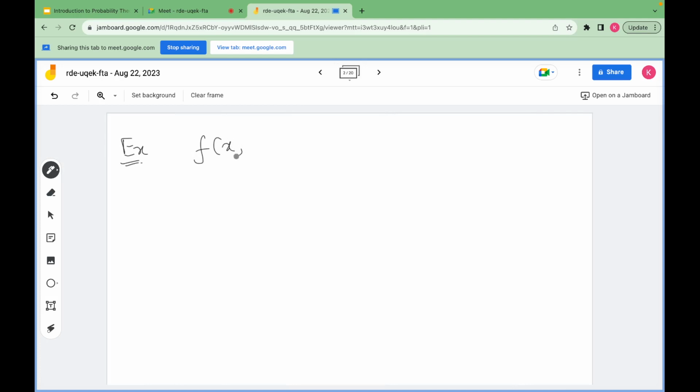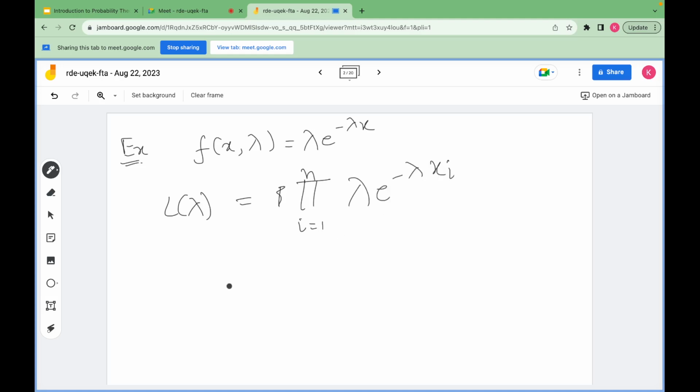So let's take f(x, lambda) equal to lambda e to the power minus lambda x, the exponential distribution. We will find this L function, which will be the product over all the n's of lambda e to the power minus lambda x_i.